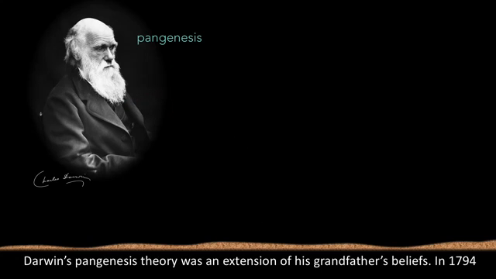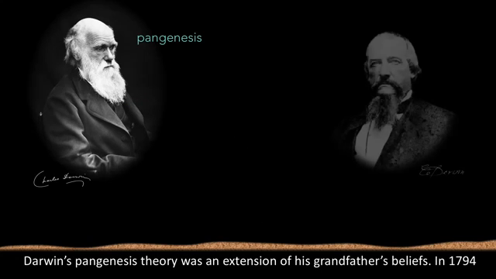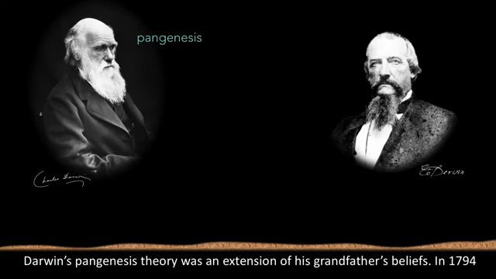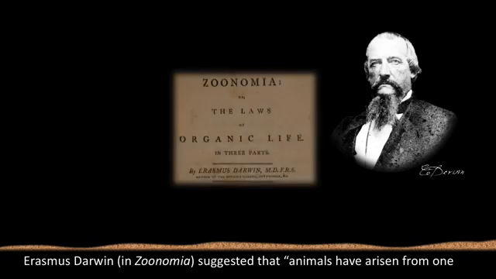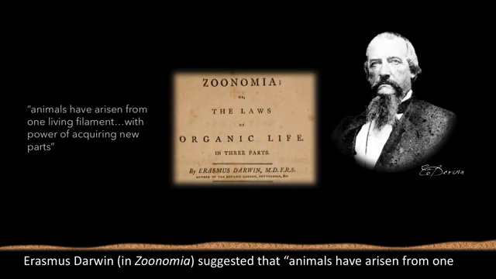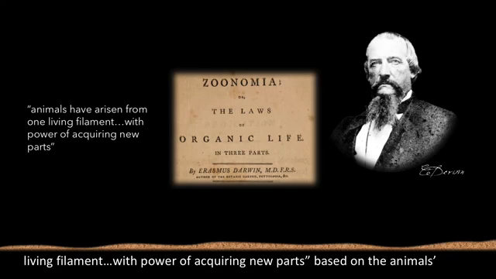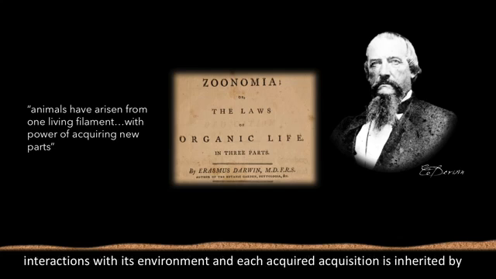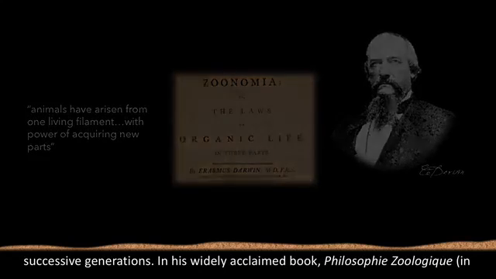Darwin's pangenesis theory was an extension of his grandfather's beliefs. In 1794, Erasmus Darwin in Zoonomia suggested that animals have arisen from one living filament, with power of acquiring new parts, based on the animal's interactions with its environment, and each acquired acquisition is inherited by successive generations.